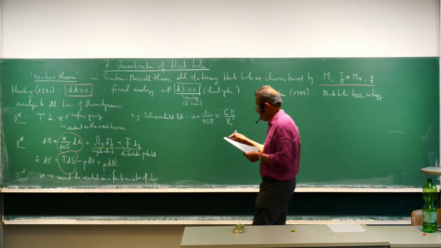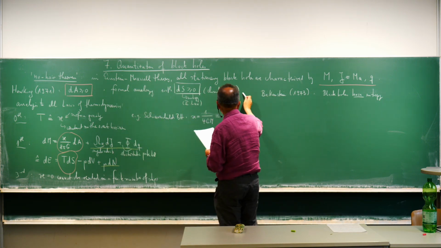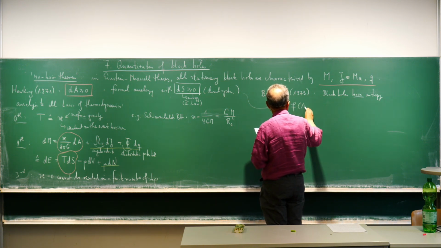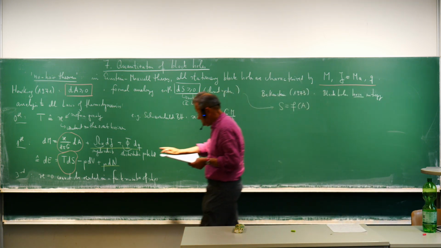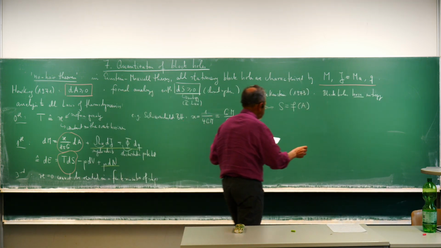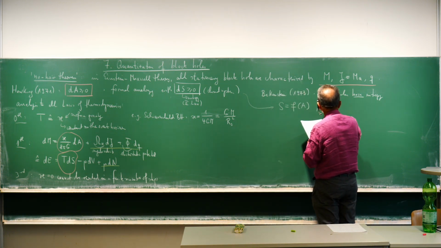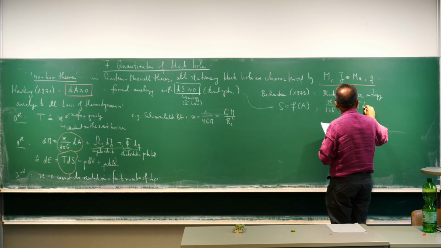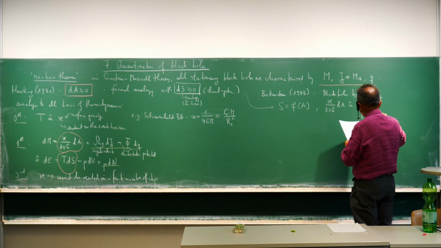Okay, so if this is the analogy here, A and S, then from this you would make an ansatz that S is some function of A. And it's clear from this analogy that kappa over 8 pi G dA corresponds to T dS. If you make that ansatz, then dS would be f prime of A dA.